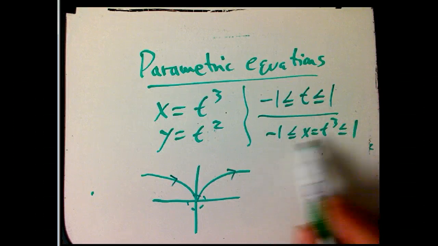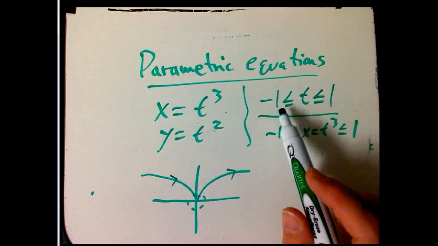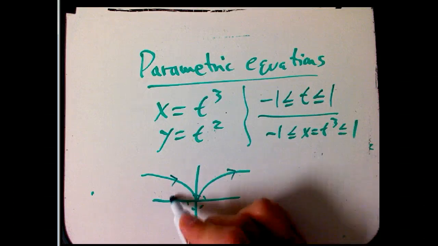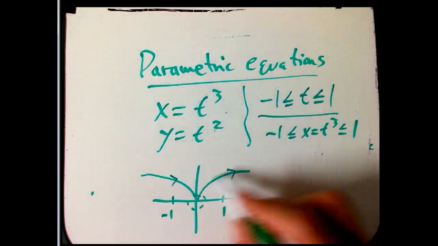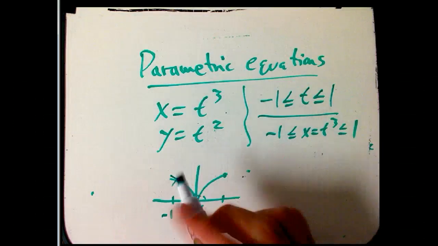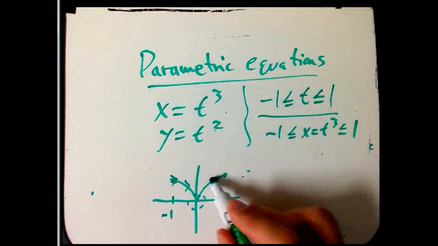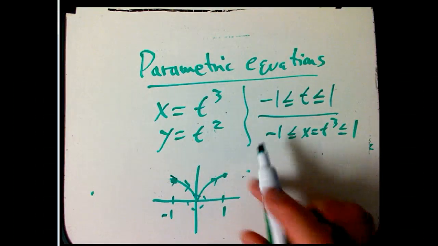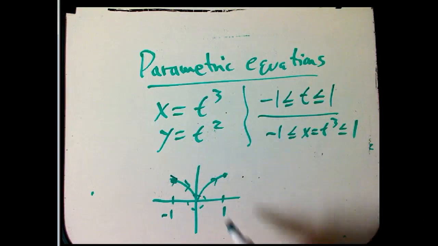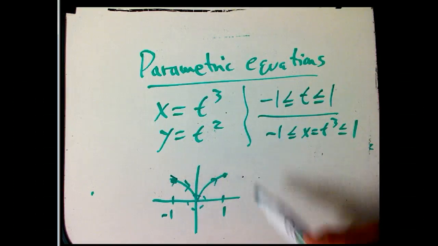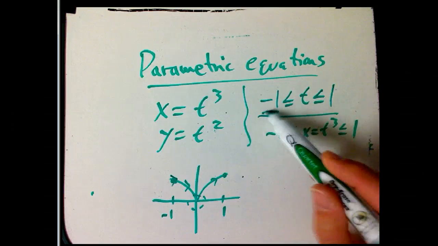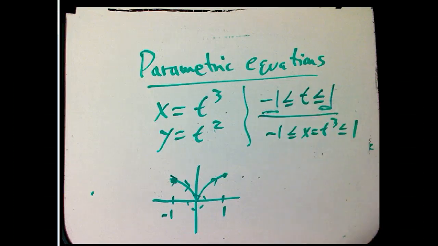If I cube a number that's less than 1 or bigger than -1, its cube is not going to be outside this region either. So if you believe me on this curve, which I don't want to take the time to do explicitly right now, then it would just be this portion. And that's very useful if you want an artificially truncated piece of a curve. It's a little harder to do with an implicit description. It's a very natural thing to do when you think of it as the motion of a particle, because there might be a starting time and a stopping time.